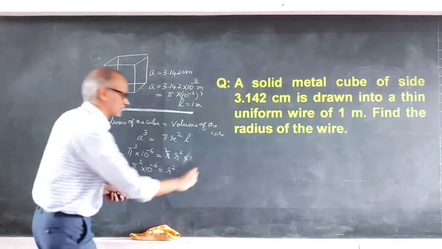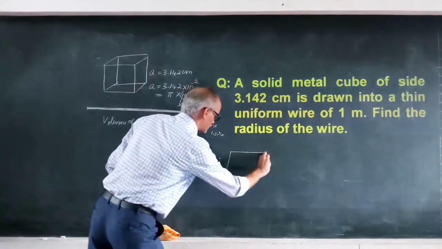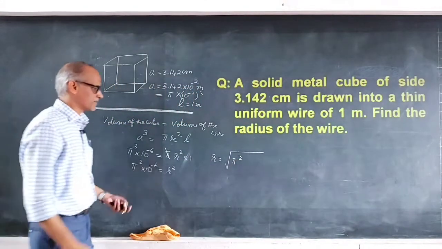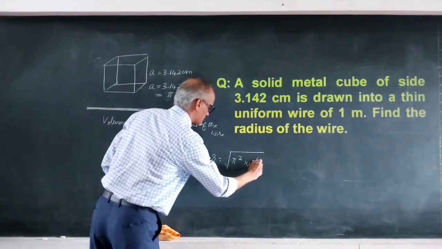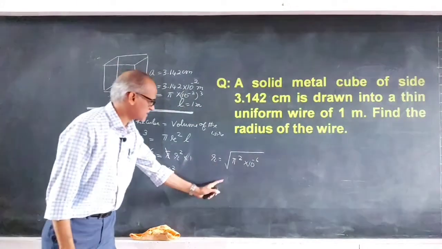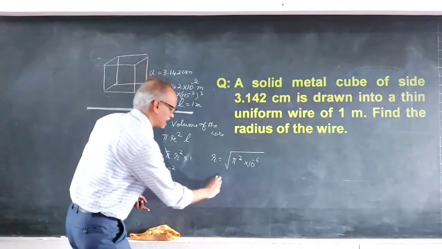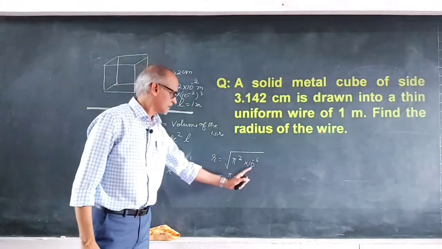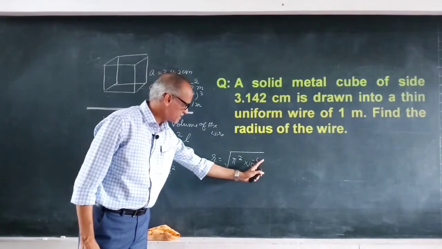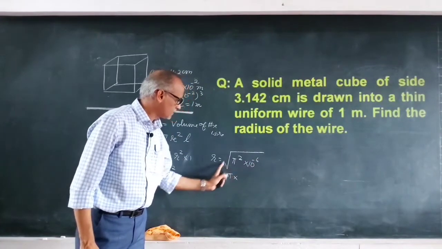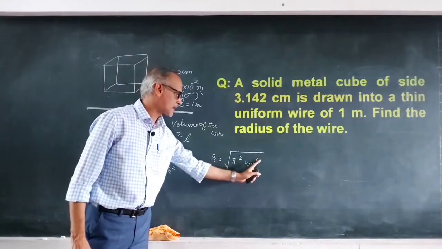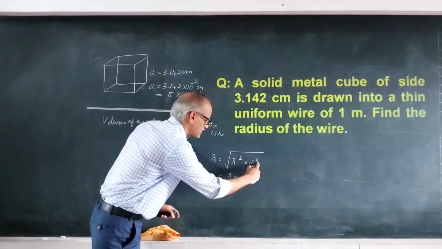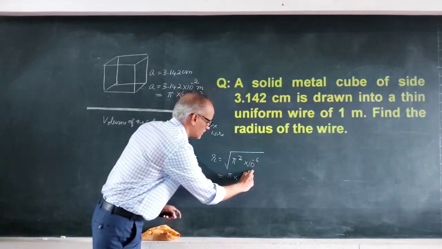So what is the value of r? The value of r is square root of pi square into 10 to the power minus 6. The square root of pi square is pi itself. And the square root of 10 to the power minus 6 means you multiply the power by half, so you get 10 to the power minus 3.